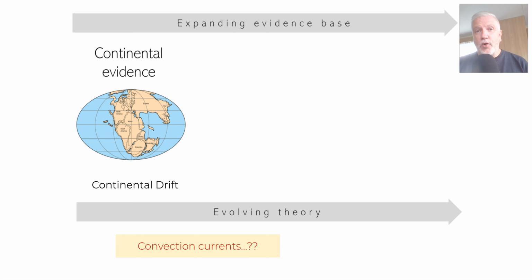Now, to be fair, Holmes was inferring this. He didn't have any direct evidence for it. And again, this just seemed so utterly counterintuitive to the people that they were trying to persuade, the majority of the geologists. And so for the next 20 years or so, this theory was largely ignored, until a new source of evidence became available.